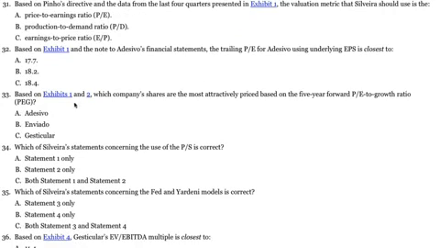Okay. Based on Exhibit 1 and 2, which company shares are the most attractively priced based on the 5-year forward PE to growth ratio? So we're going to need a PEG ratio somewhere. Which of Silveria's statements concerning the use of price to sales is correct? Statement 1, 2, both 1 and 2, so there are two statements we'll look at.